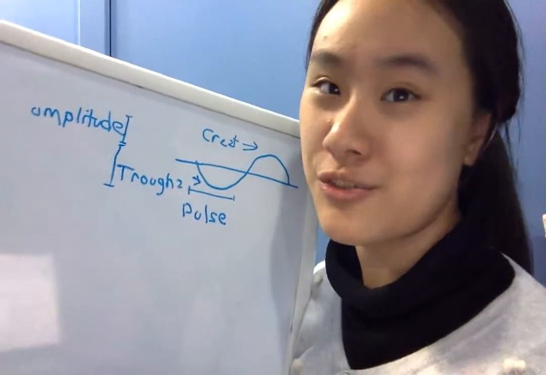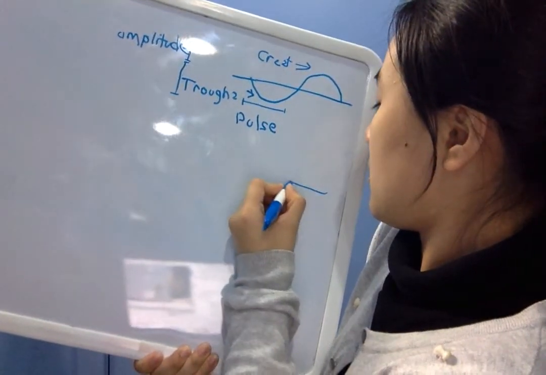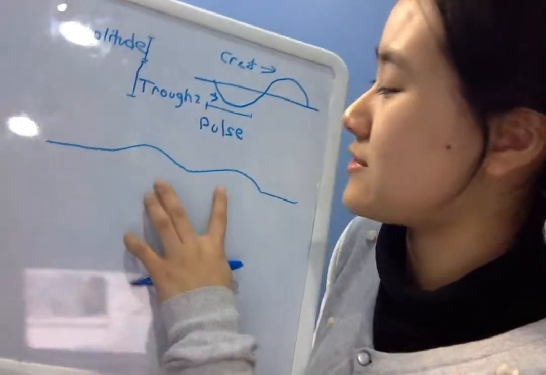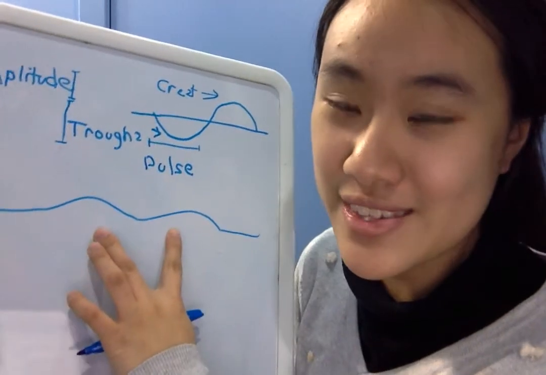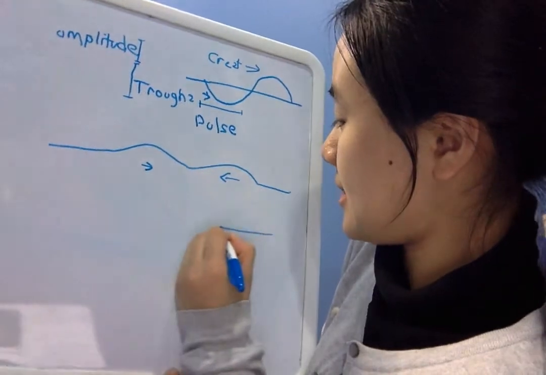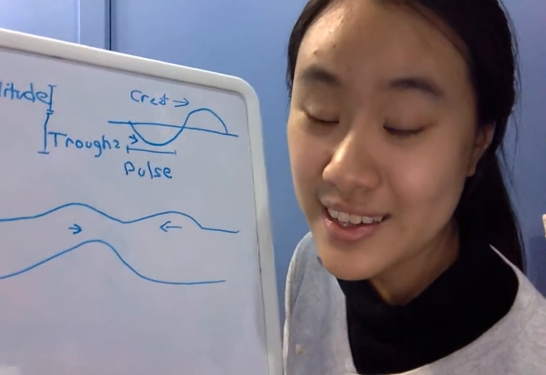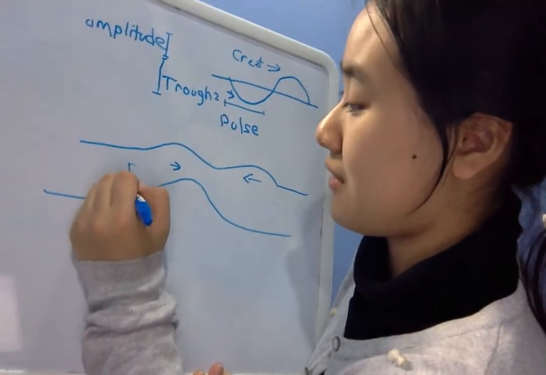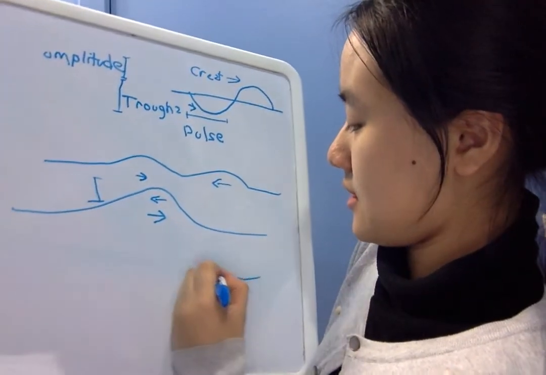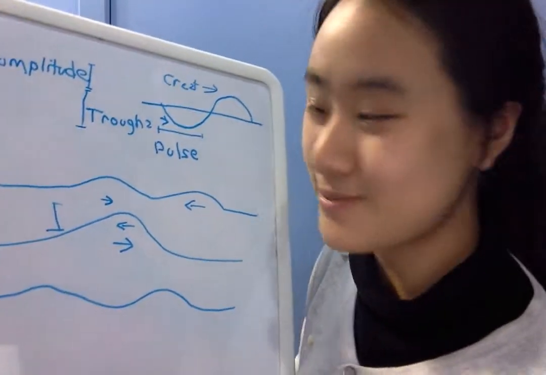For constructively interfered waves, two waves, or the crests of two waves, interfere with one another, and they form a higher or increased amplitude right here, and then they become the same again.